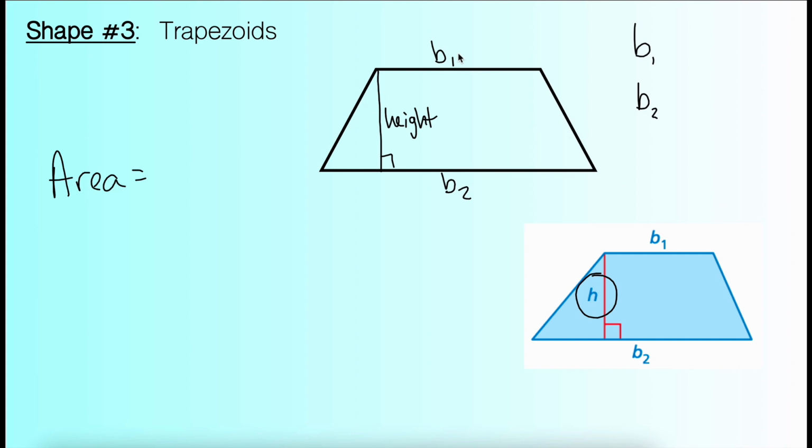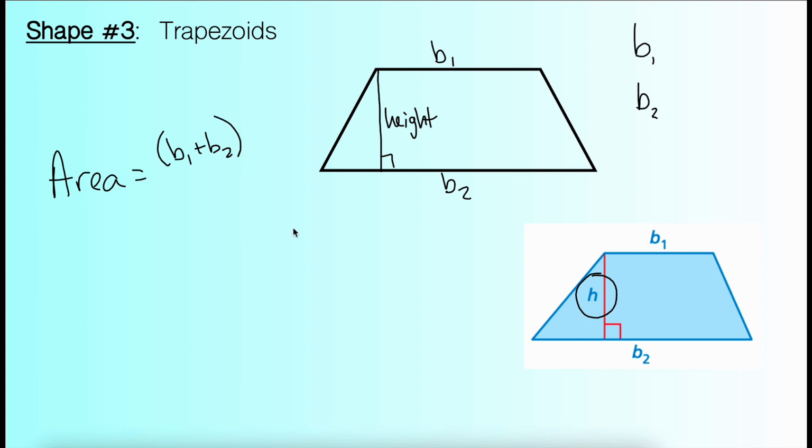All right, now if you can understand that those are the three parts of the trapezoid that are relevant to finding the area, we can get to the area formula. Here we go. It's a little bit weird, but to find the area of a trapezoid, you can use one of two formulas. You can do base 1 plus base 2.